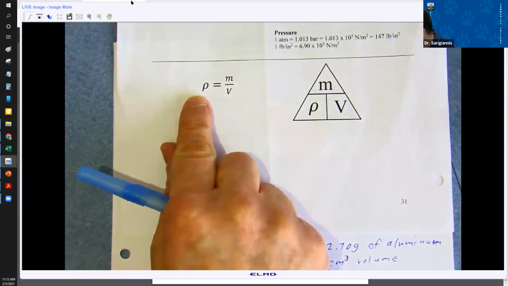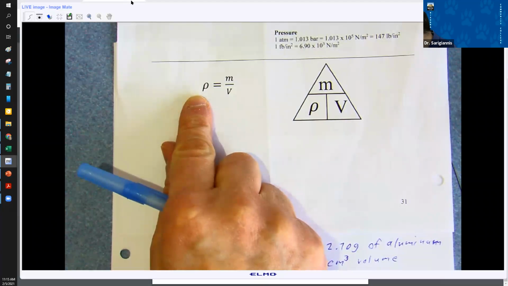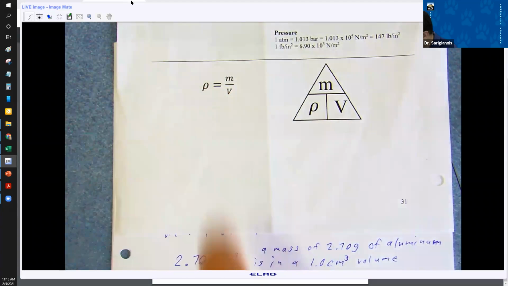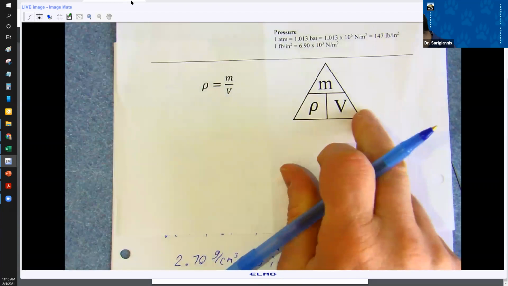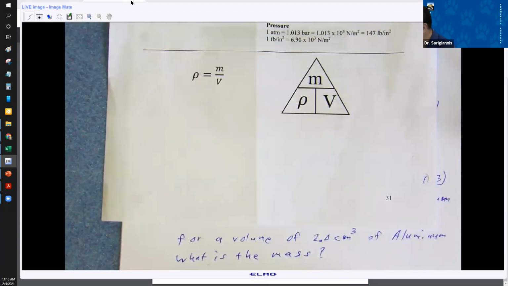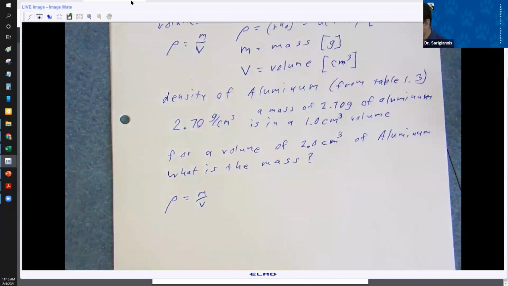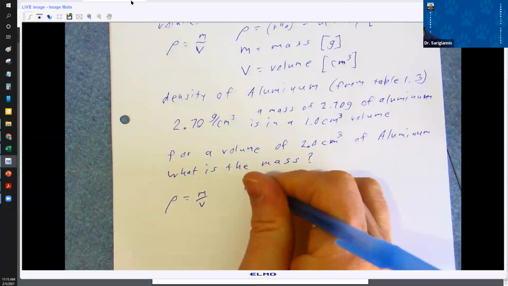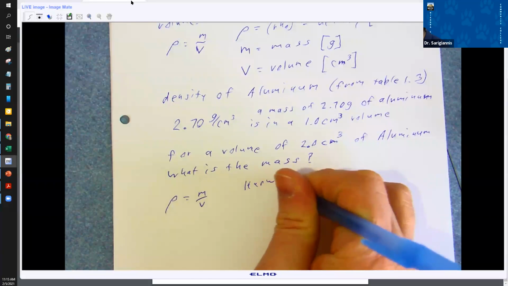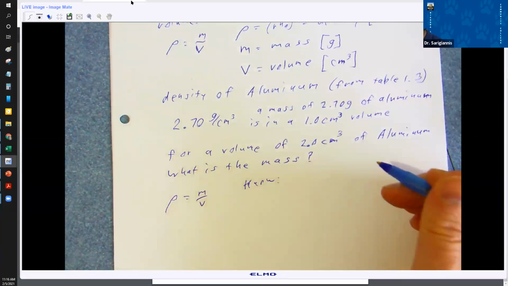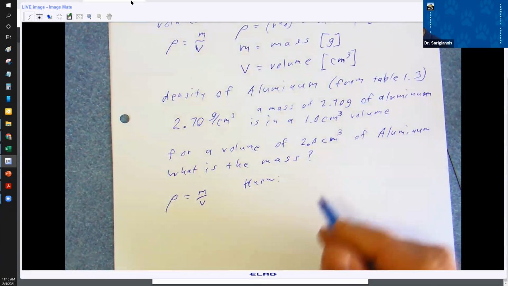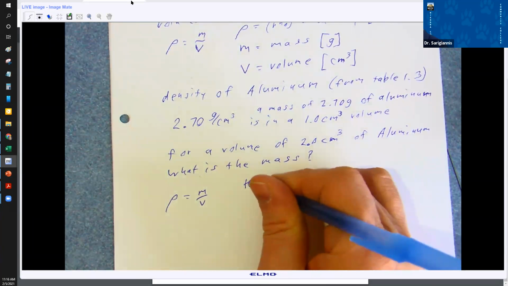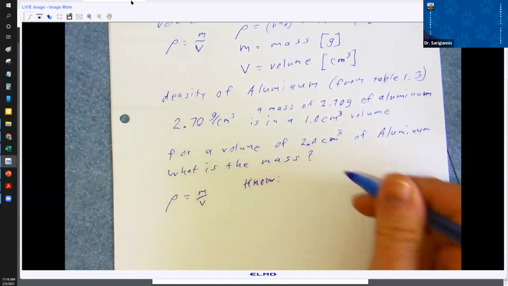Right? Here's your equation: rho equals mass over volume. I'm just going to write that down. I'll move my notes up in a minute. You guys right now are probably wishing you had a packet for this, like, notes are all over the place.